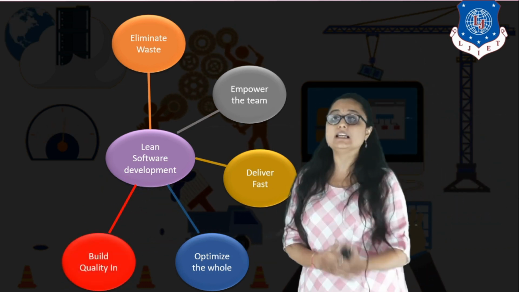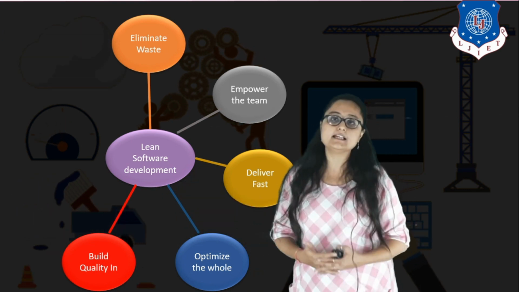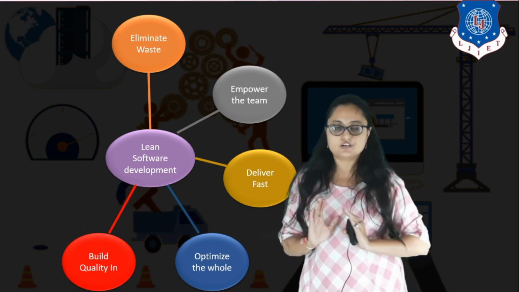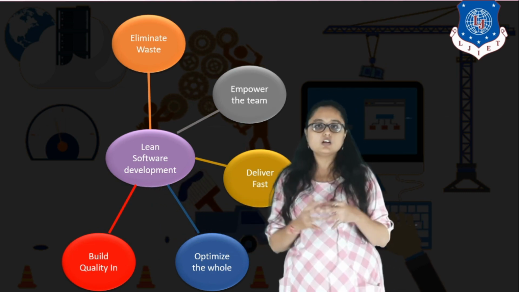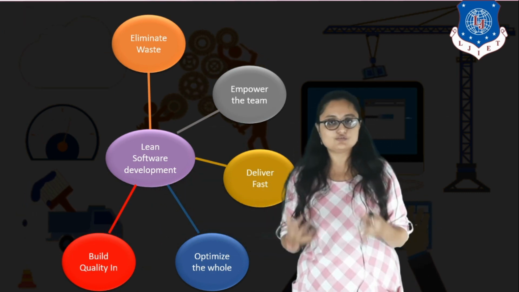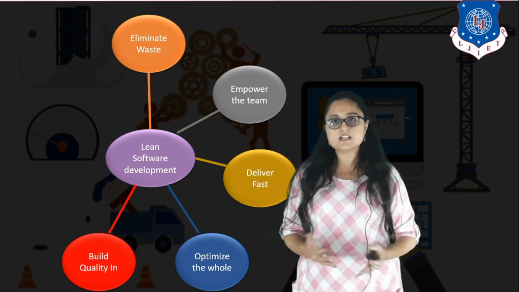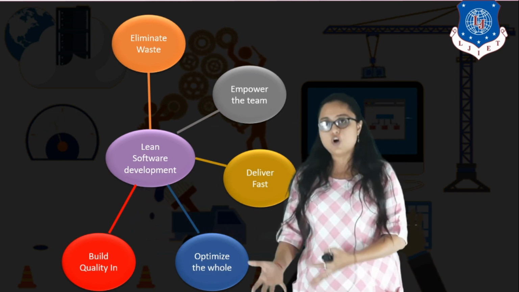The next is, yes, you can build quality in. Now for building quality software, lean software development indicates that the first thing that you will do is do not make any error, right? If you are not making any error, there is no need to rectify it, right? So that is a very beneficial way to look at it, but we are humans and humans are prone to err, so there is an error involved.